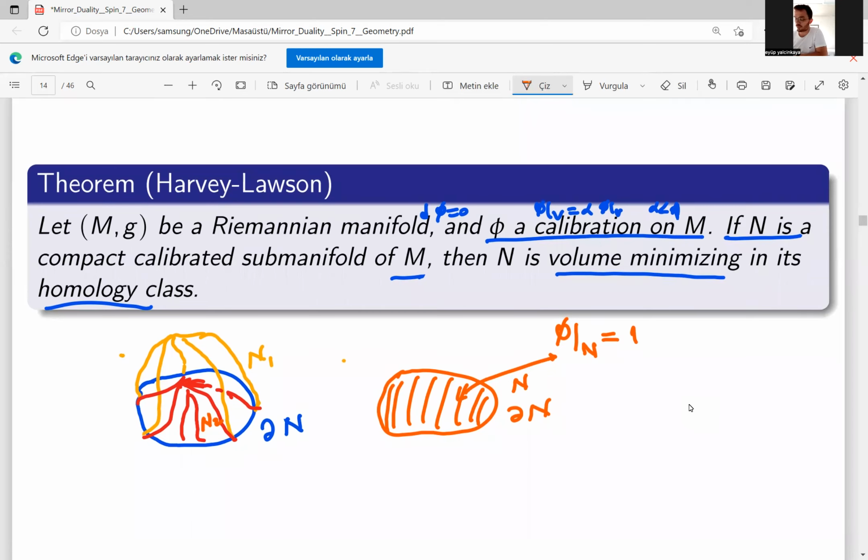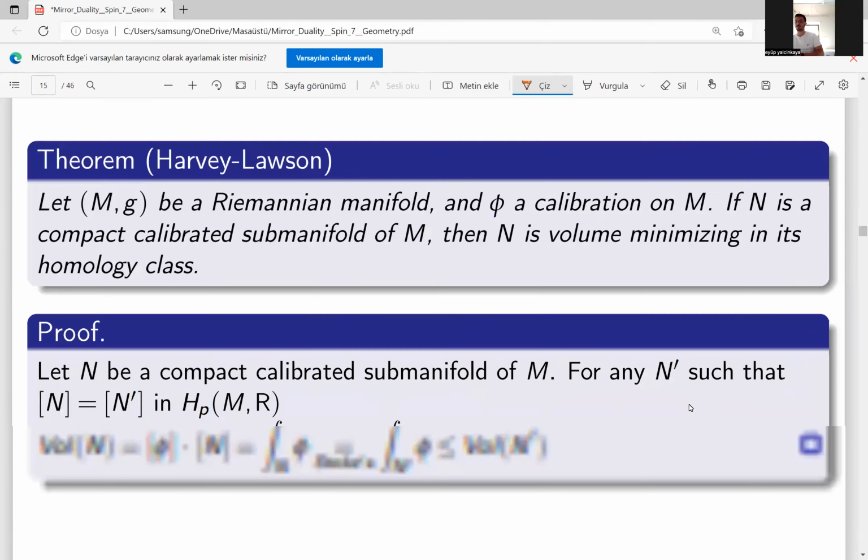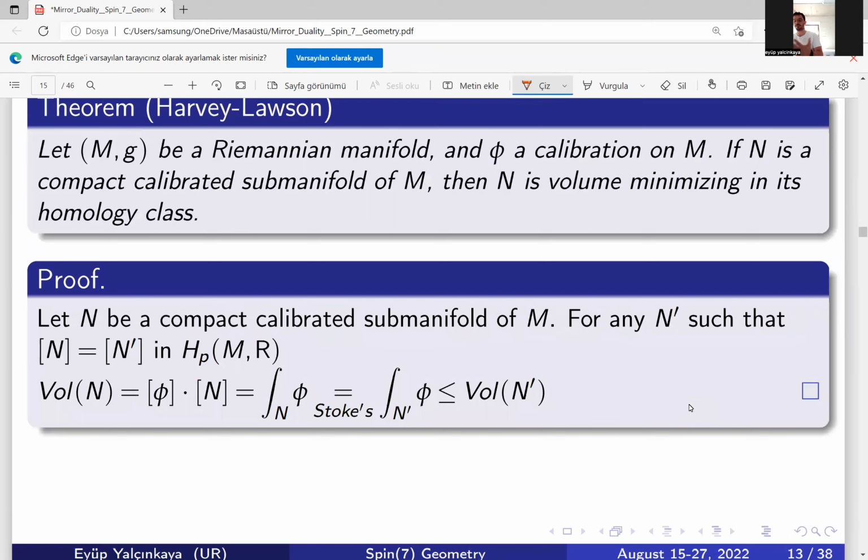I mean, you can choose a different submanifold here, and if phi restricted to N is equal to 1, Harvey and Lawson say that N has to be volume minimizing. The proof is so easy, but finding these types of examples is a little bit harder.